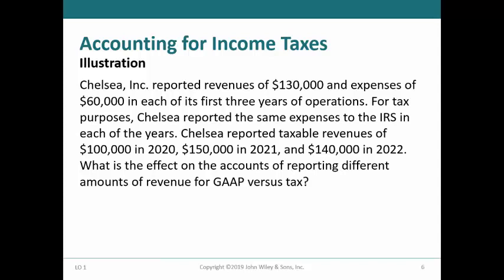Instead of reporting $130,000 each of the 3 years, Chelsea reports $100,000 in 2020, $150,000 in 2021, and $140,000 in 2022 on the tax return. How will this affect the amount of revenue for GAAP versus taxable income on the tax return?